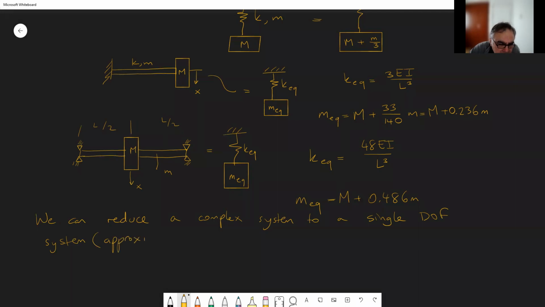This is approximate. Using a K equivalent and M equivalent, this kind of approach usually works well. It can be a good approximation, it can be a very crude approximation, but it's a starting point in the analysis.